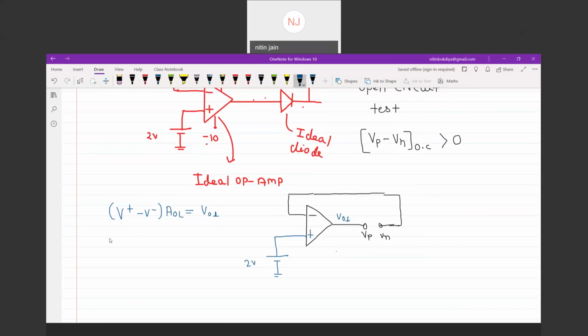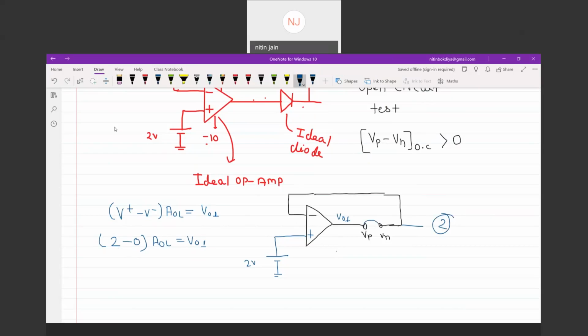We know that V plus is 2 volt, V minus is 0 volt, times AOL equals V01. So this diode is conducting, and because the input is 2 volt at the positive terminal, this diode is short. Then this will be a voltage follower circuit, and the output voltage of this circuit is 2 volt. So this is how we can check the rectifier circuit.